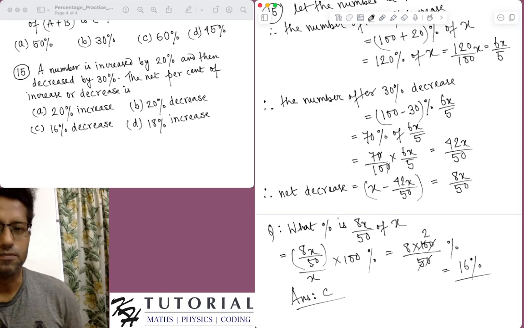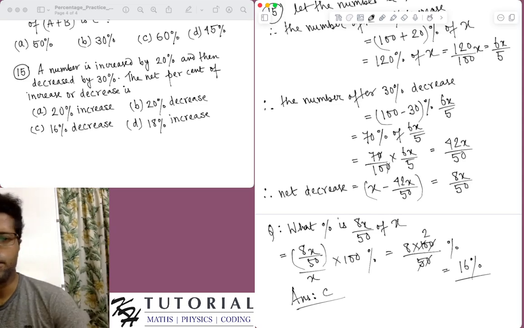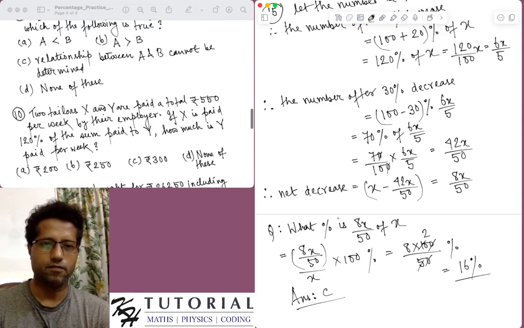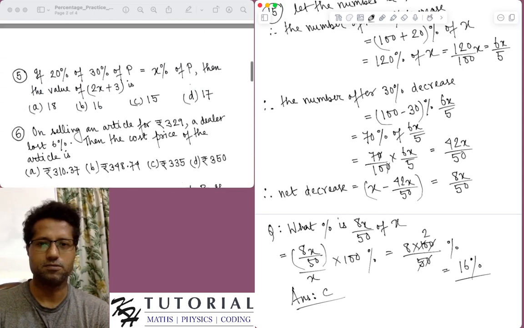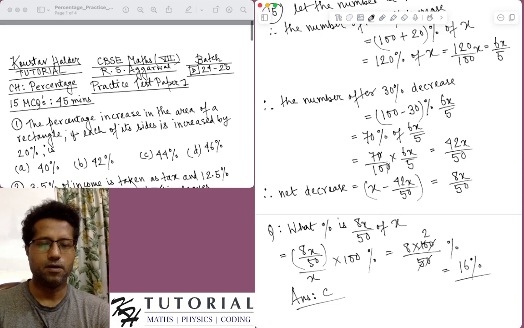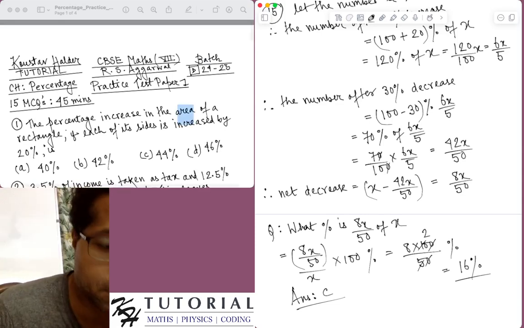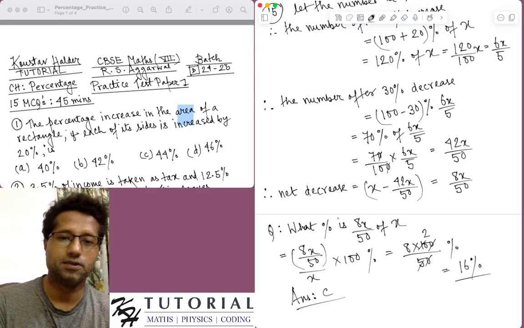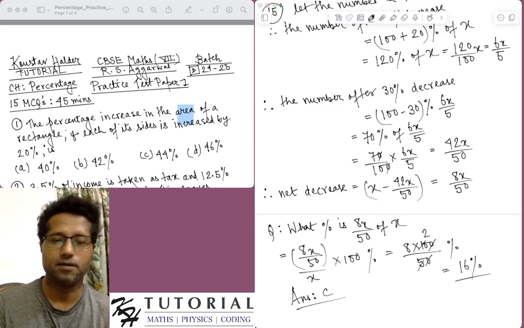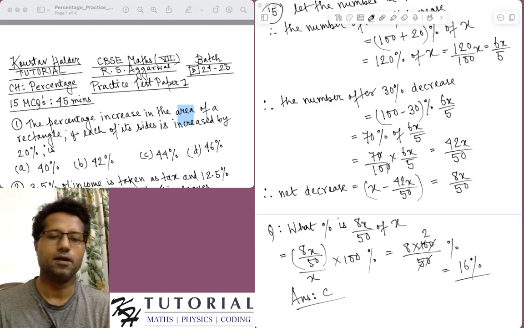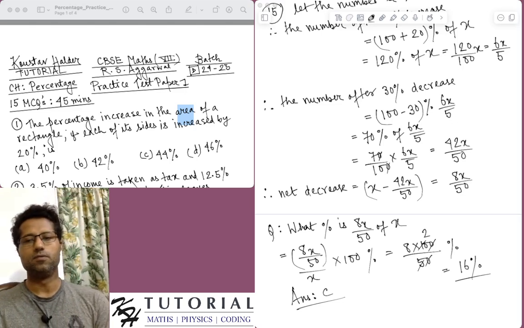So that's all. This brings to the end of solving the practice test paper 1. I think this set of all the problems in this practice test paper 1 will give you a good test of your understanding of the concepts of percentages and how you apply the concepts to solve word problems or any kind of problems related to percentages.